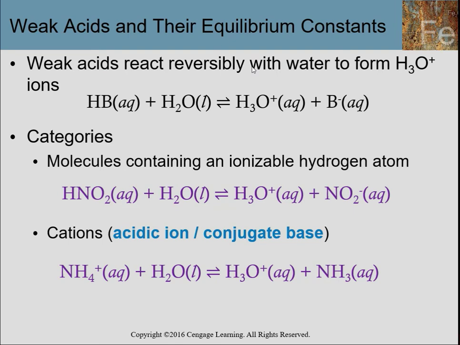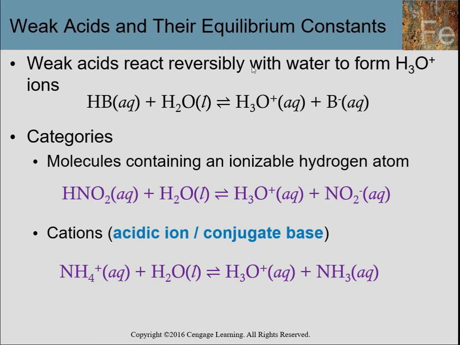So you either have a molecule that has an ionizable hydrogen ion, like in this case, the nitrous acid can just simply lose one, or sometimes the conjugate acid of a base can also act like an acid.